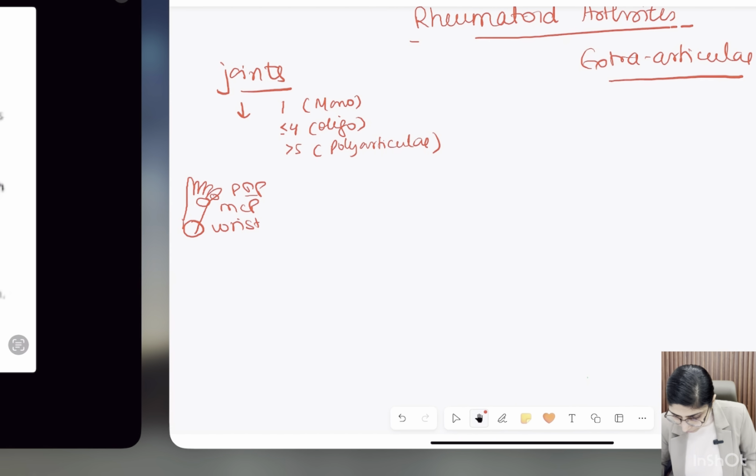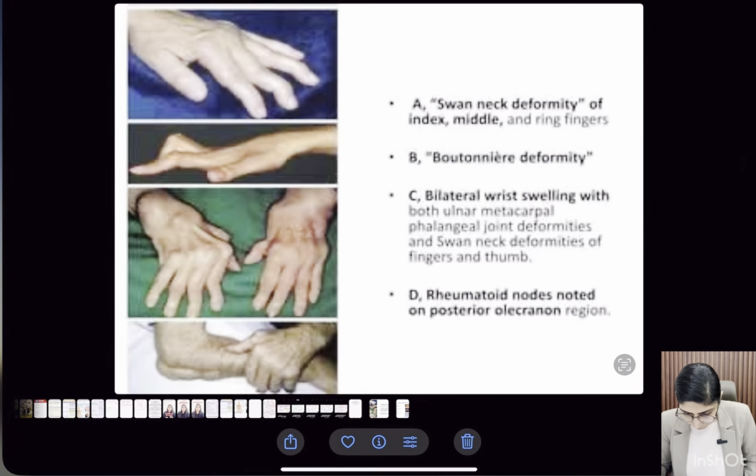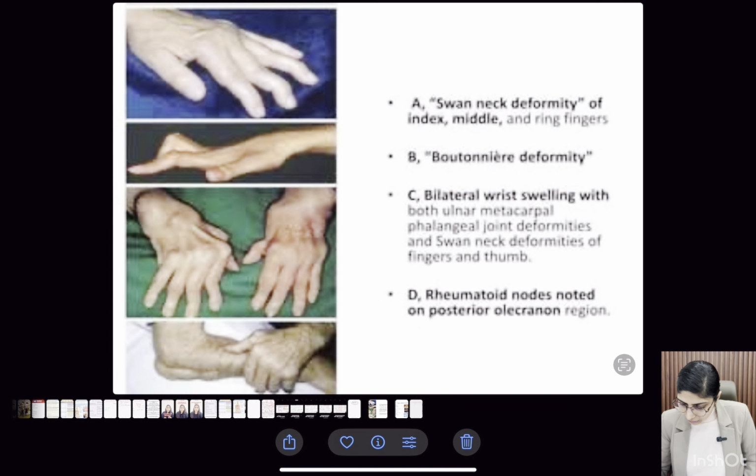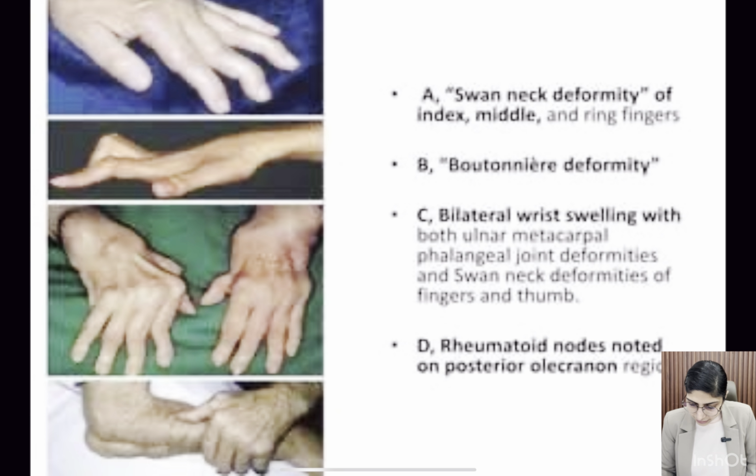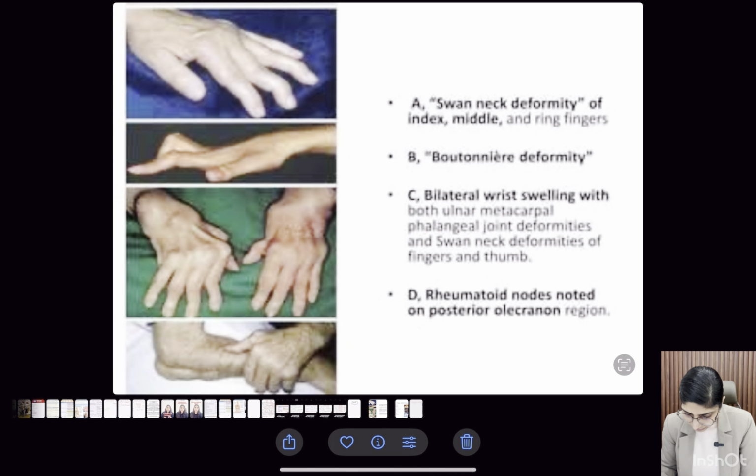Now, what are the deformities that happen? So these are the deformities. One is a swan neck deformity. Second is a boutonniere deformity. Then there is the ulnar subluxation, also known as the Z line deformity.